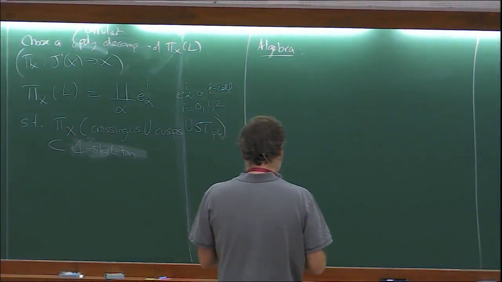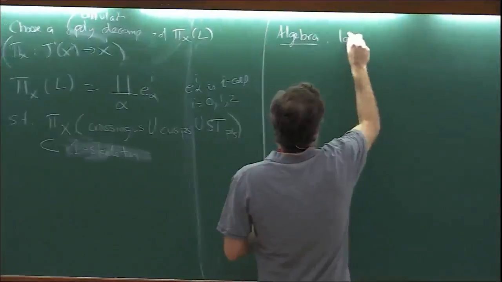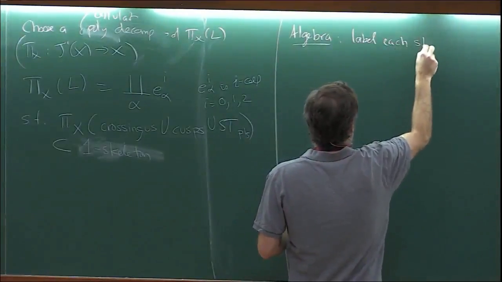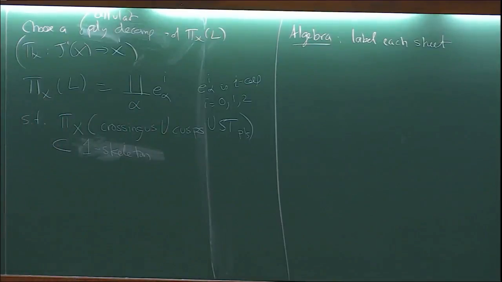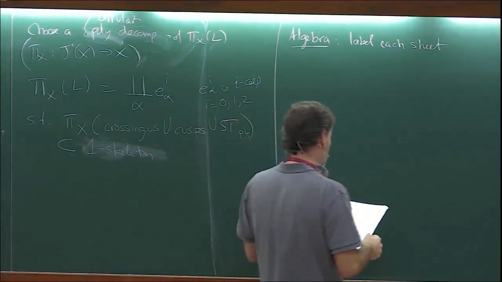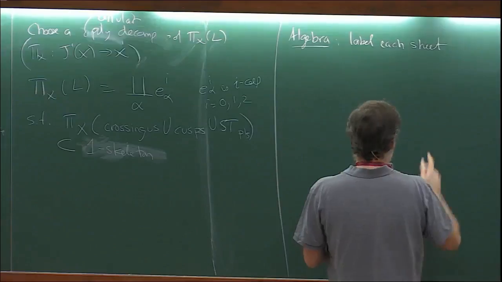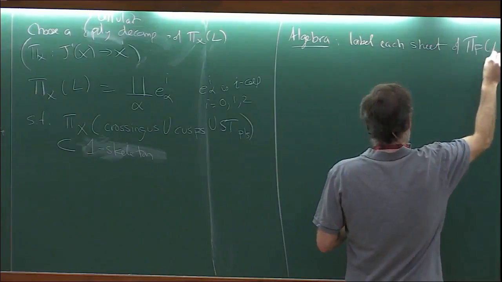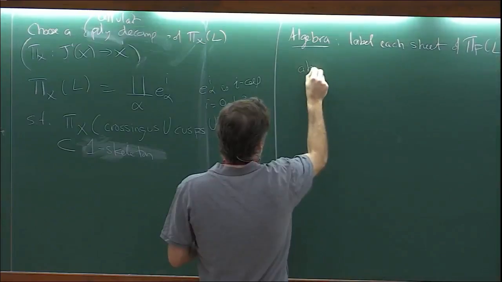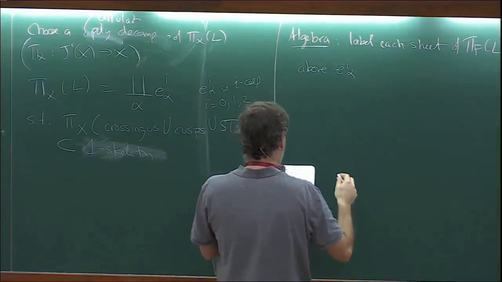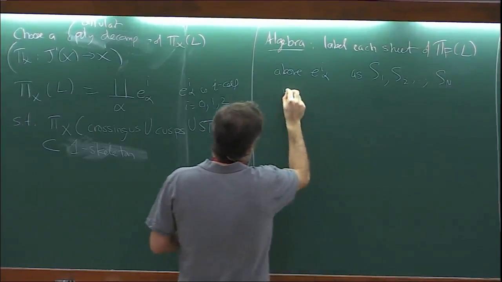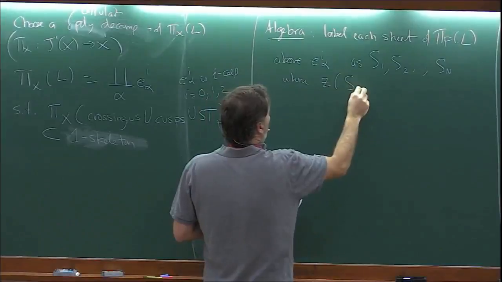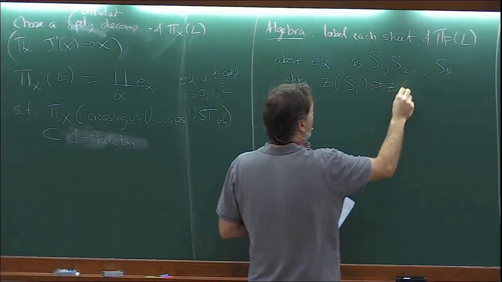Okay, so label each sheet. These are what I'm calling sheets. So here I have S1 and S2. I have 2 sheets in that case. Label each sheet of this front projection above e_i^alpha as, let's say, S1, S2 through Sn, where the height of Si is at least as much as the height of Sj.